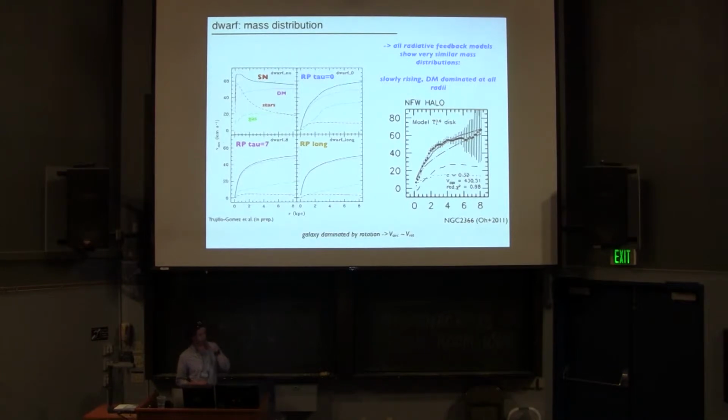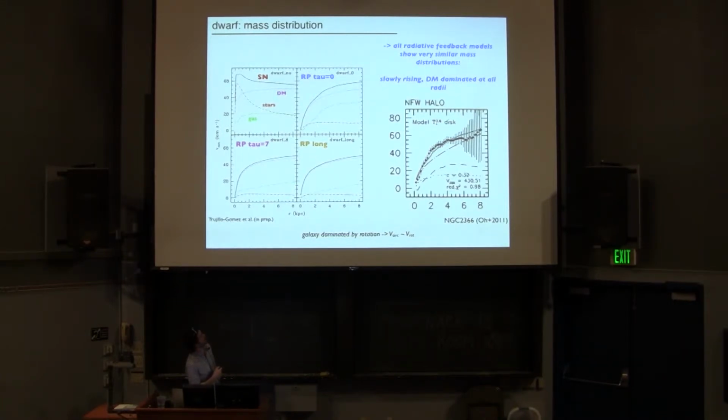Here's what the distribution of mass within the galaxy looks like in terms of the circular velocity curves. Again, we see the signature of overcooling in the supernovae case, whereas in all the radiation pressure models, we get similar results, where the galaxy is dominated by dark matter and has a very slowly rising rotation curve.